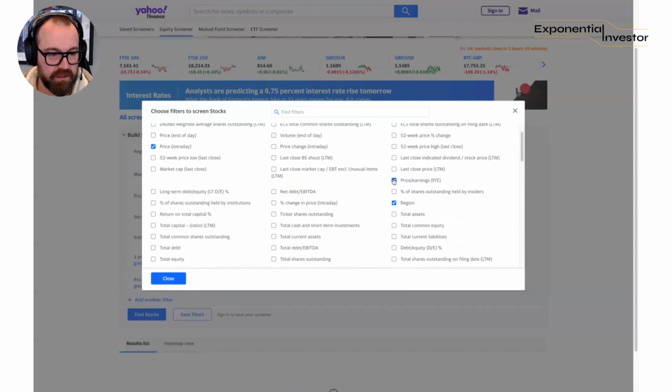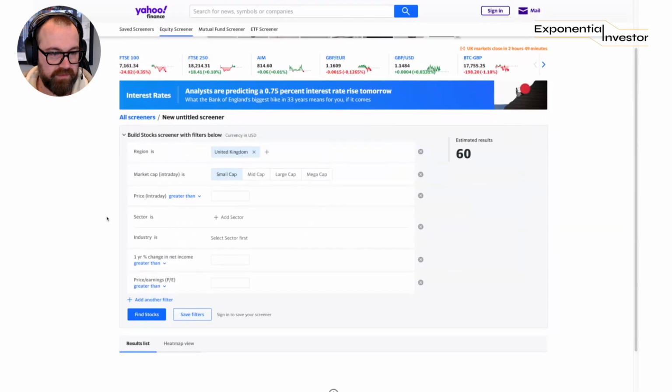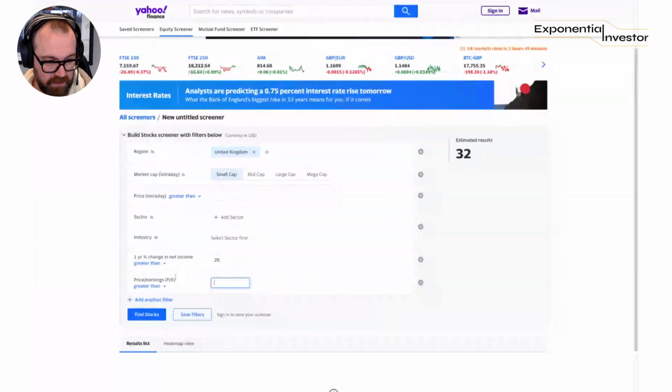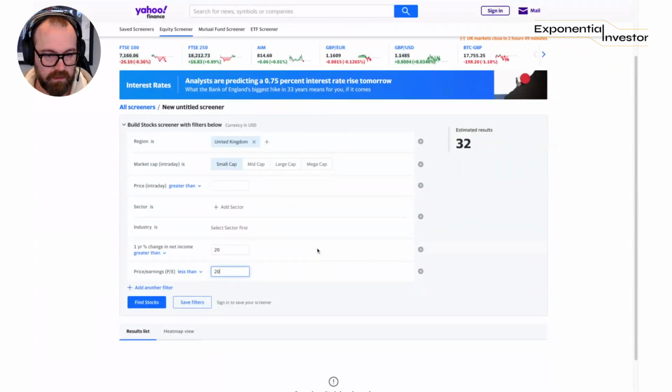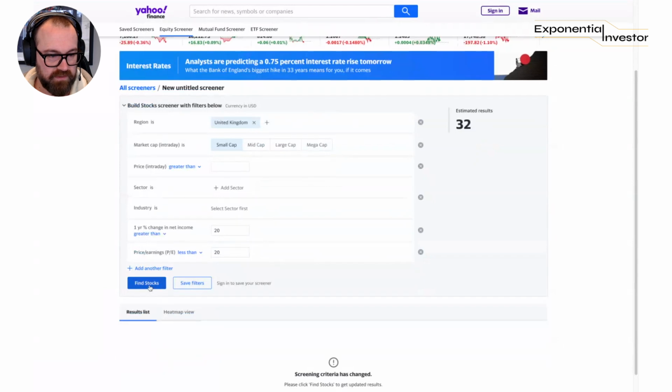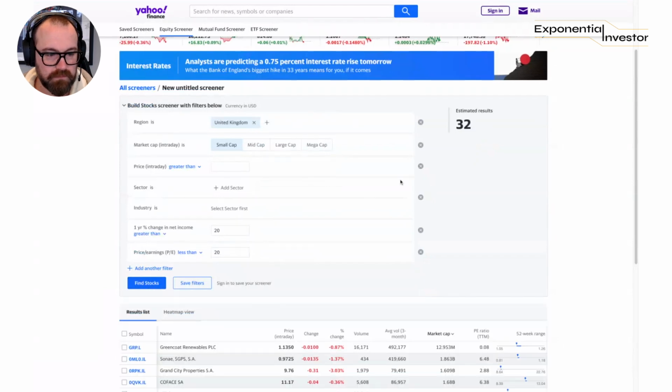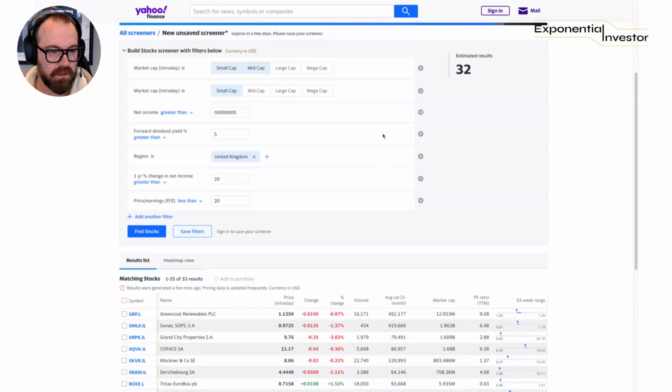Right, net income change percentage greater than 20%, and price to earnings less than 20. Then let's find those stocks. There we go, so we've got 32 results here.